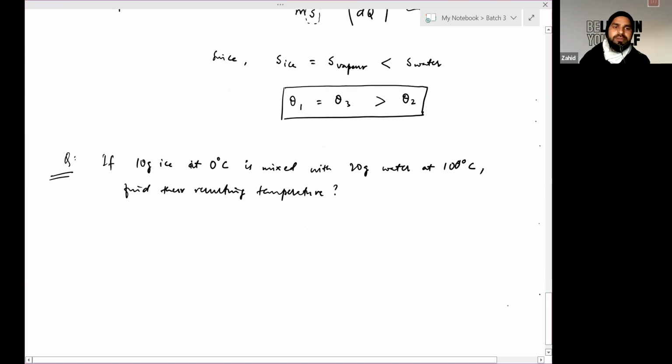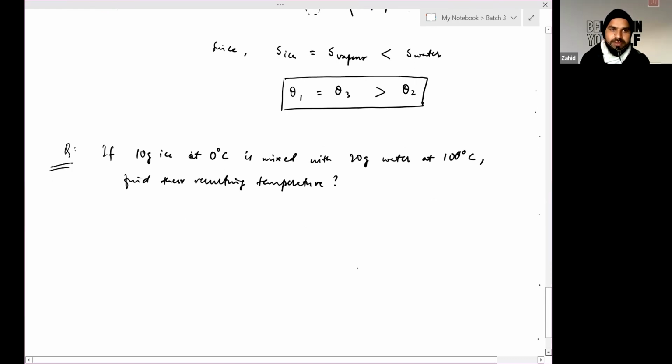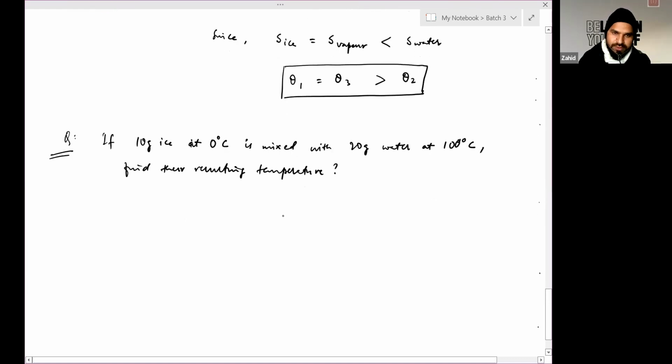So for this type of problem, how will you solve it? First, try to draw a graph related to these two substances.